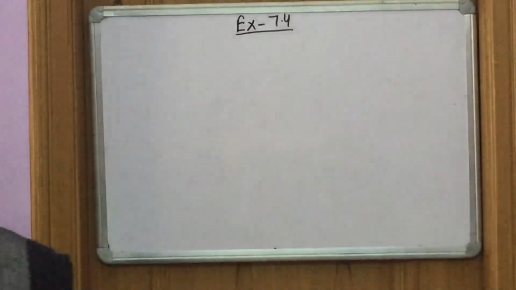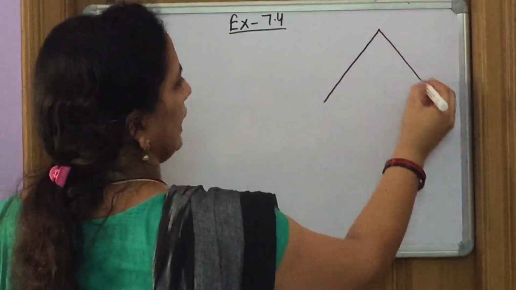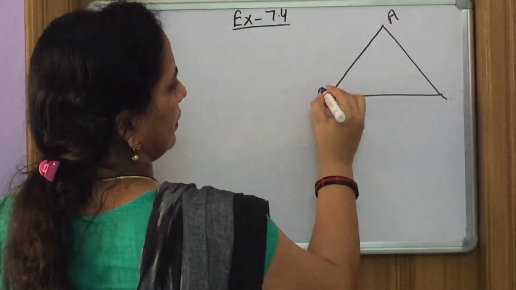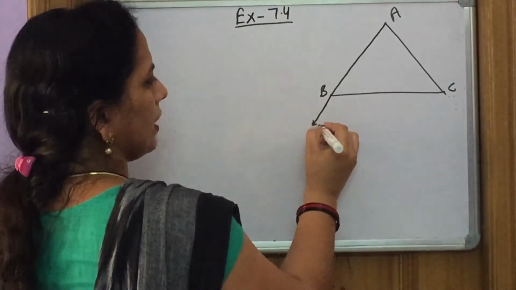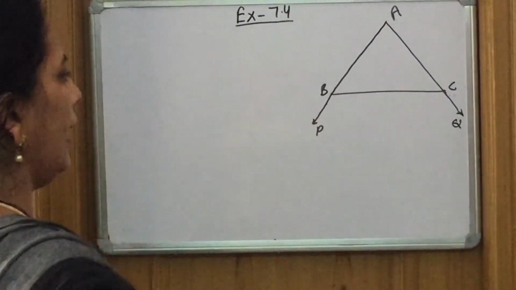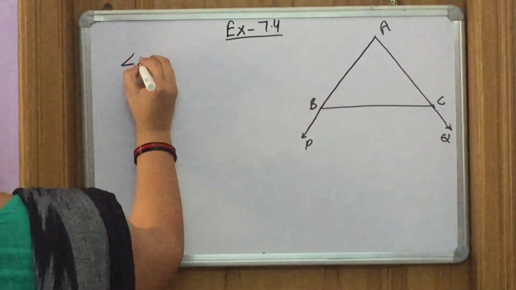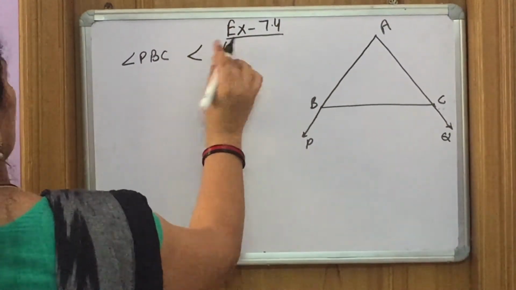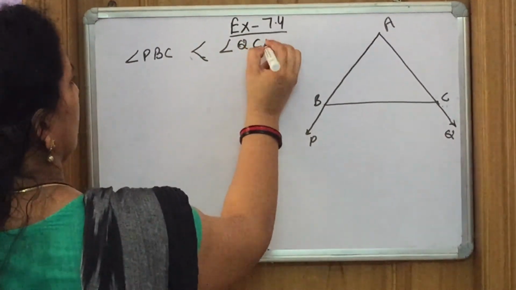In this question, a figure is given, that is a triangle ABC, and these two sides are extended up to P and up to Q. And in this question, you are given that angle PBC is less than angle QCB.